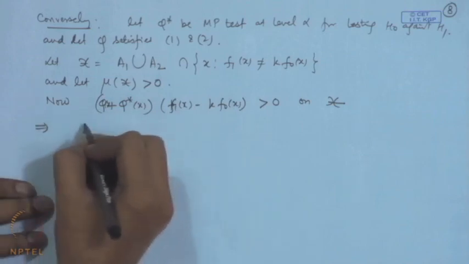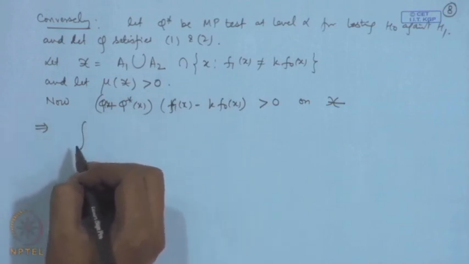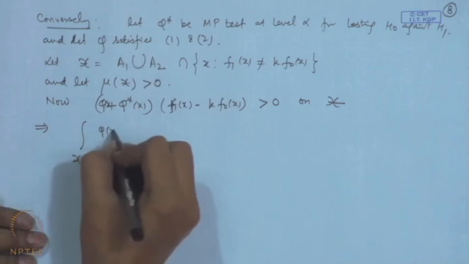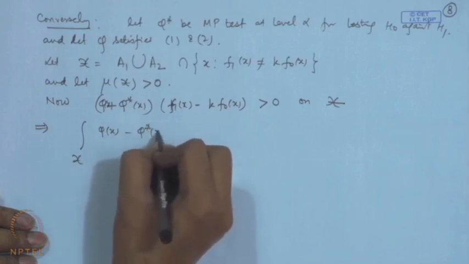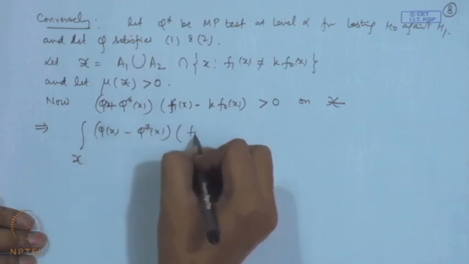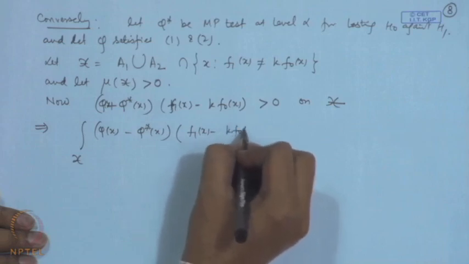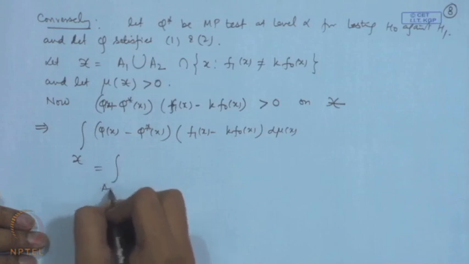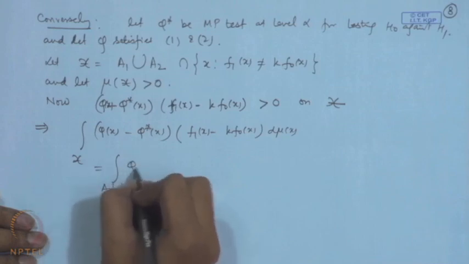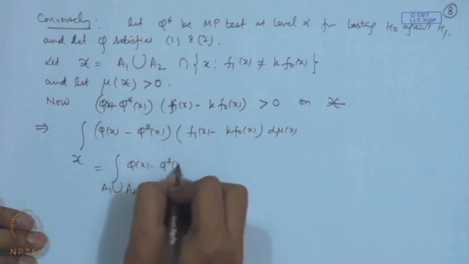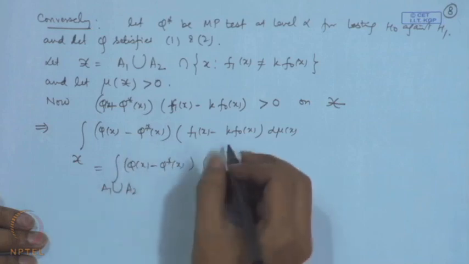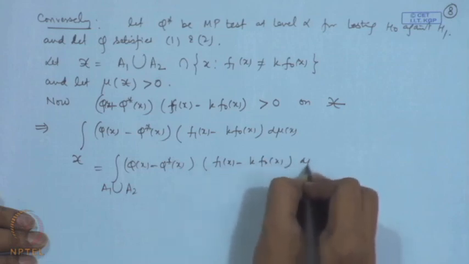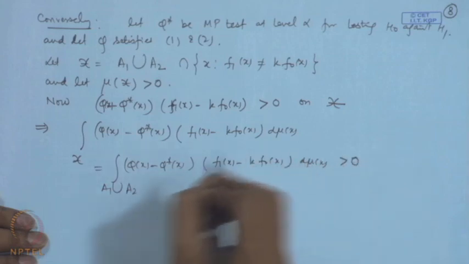So, this will imply that the integral of phi x minus phi star times f1 x minus k times f naught x, which is the integral over A1 union A2 of the same expression, is greater than 0.